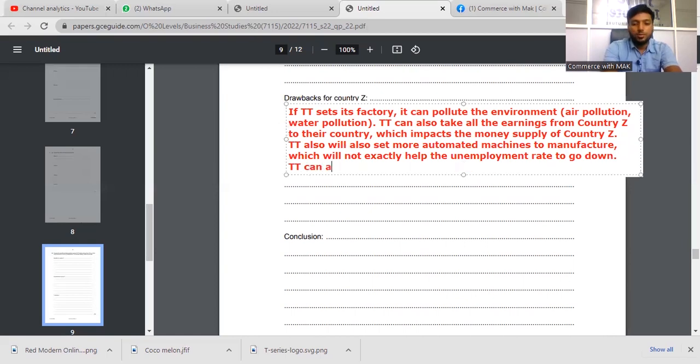TT also can involve in political decisions of the country, which will be a major threat in future.